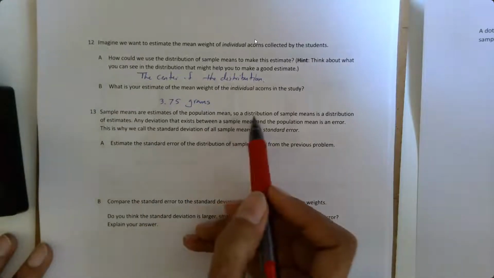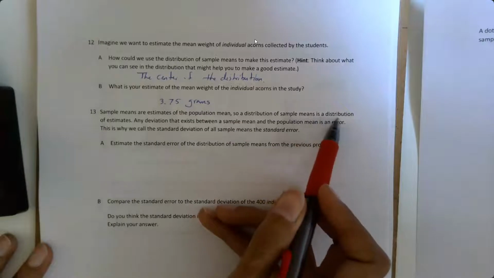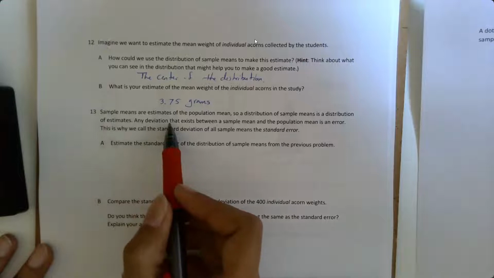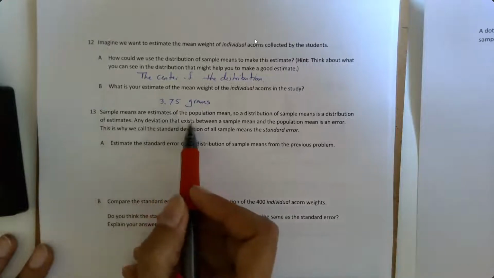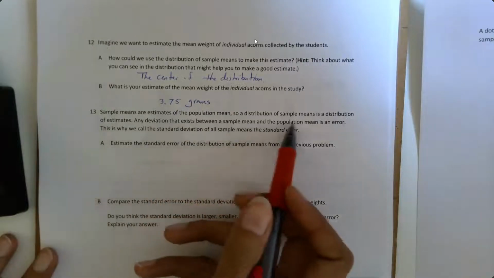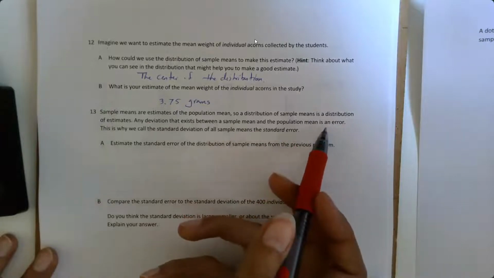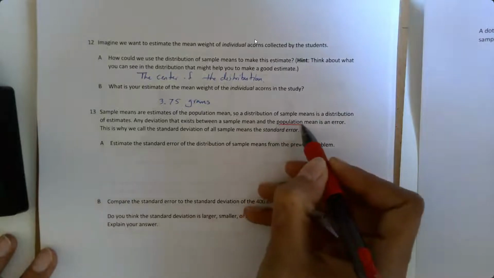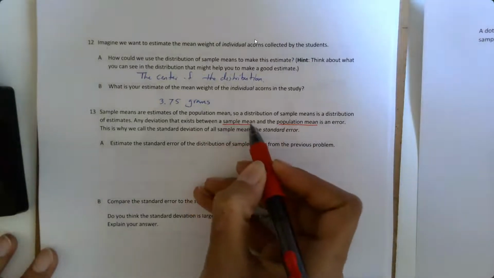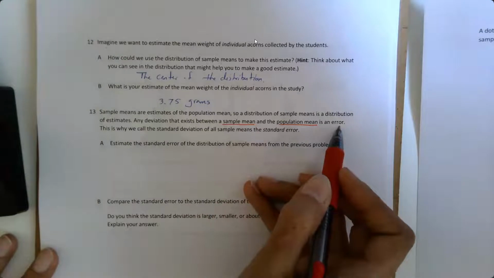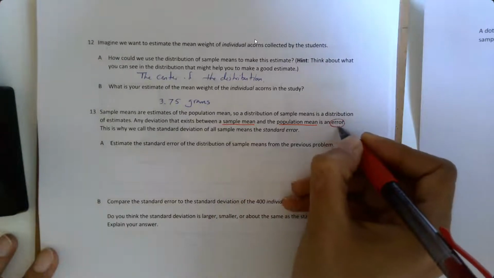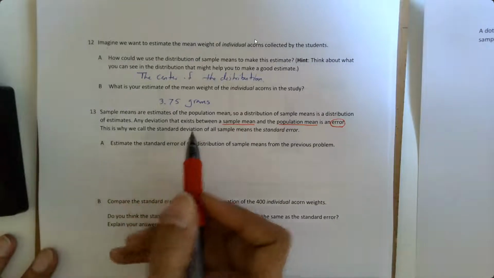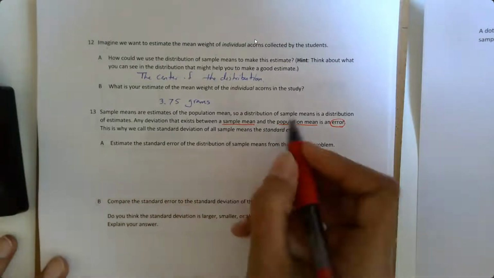So a distribution of sample means is a distribution of estimates. Any deviation between a sample mean and the population mean is an error. The difference between the actual measurement and the estimated measurement is called an error. This is why we call the standard deviation of all sample means the standard error.